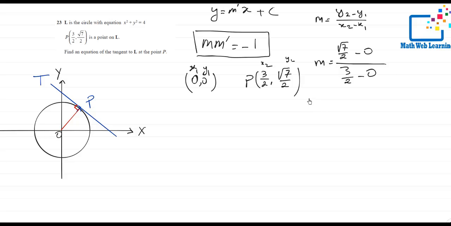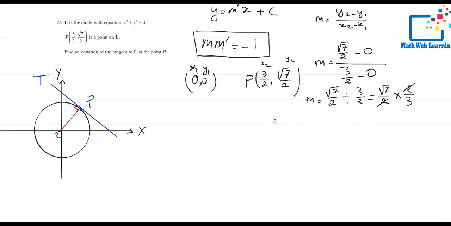So basically, m is that divided by that. Surely you can understand that, because a fraction is the same as division. And surely you know how to divide fractions. You have to go through this process. So you do root of 7, and then you change the divide to multiply, and you flip the second fraction, which becomes 2 over 3, and that would allow you to cancel the 2 there.